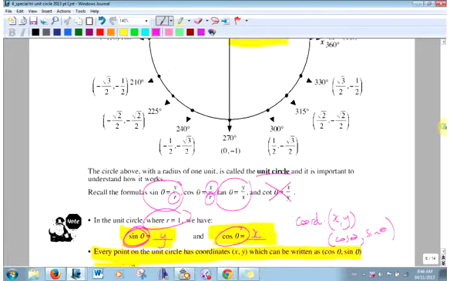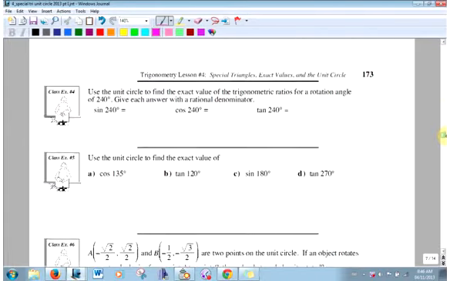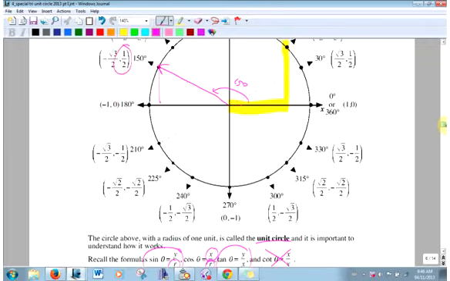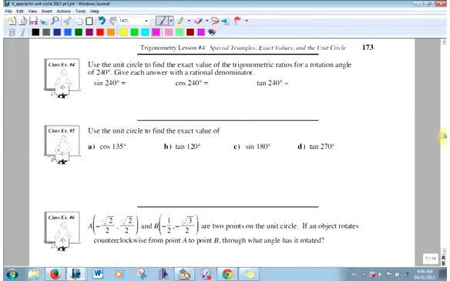Unit circle. So this assignment, again, we've done this already, but now instead of figuring it out, just look. You can just go back and flip and look on there. Use the unit circle to find the exact value of the trig ratios for a rotation angle of 240 degrees. What would we do before? We would find the reference angle and ask whether the sign is positive or negative.